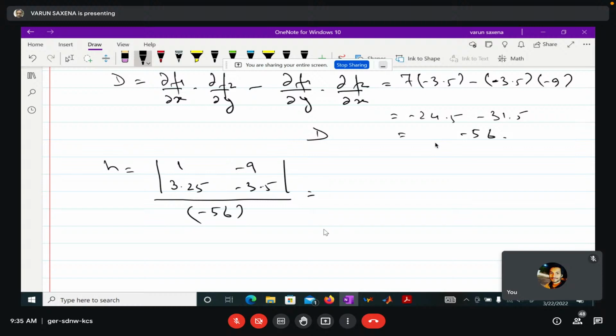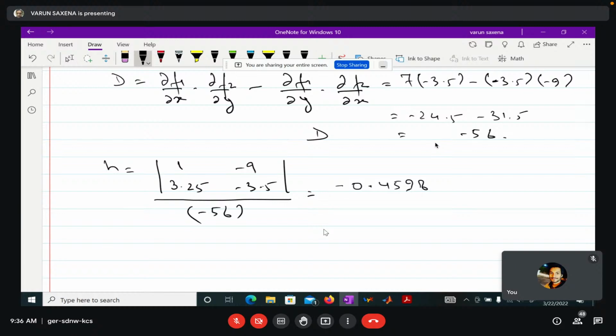So if you solve this, it is 1 into minus 3.5 minus 9 into 3.25, divided by minus 56. When you do this, the answer will be 0.459. Check once if this is what you get. Yes, sir, it's correct.